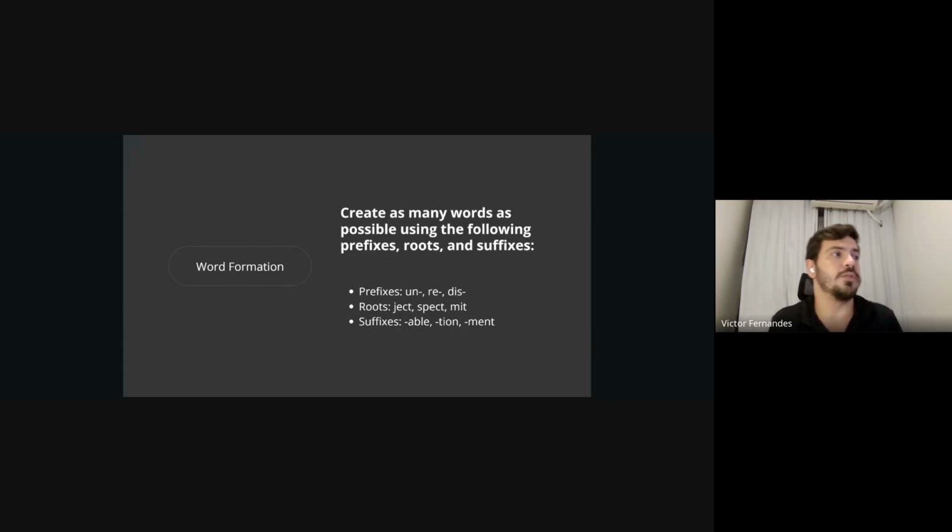Examples of prefixes that we have are un, re, and dis, and the suffixes we have are able, tion, and ment. If we are playing with the words, take unject, nobody says that. I don't even know if this word exists. I don't think so.